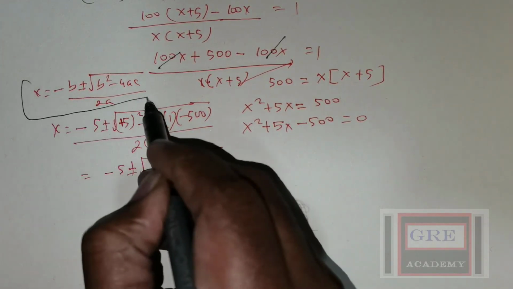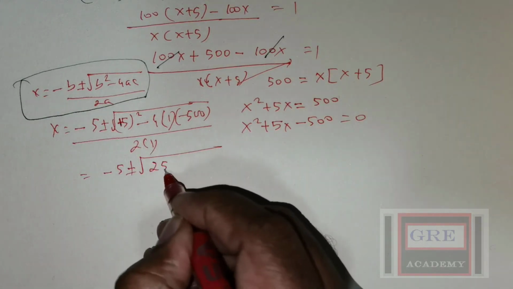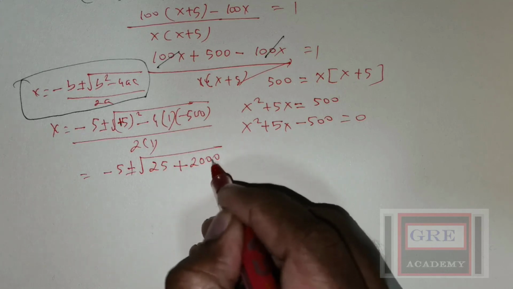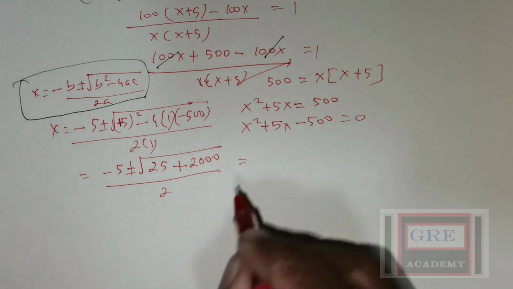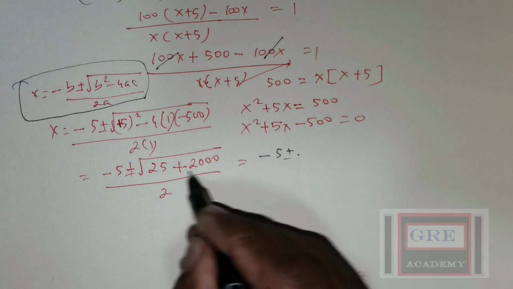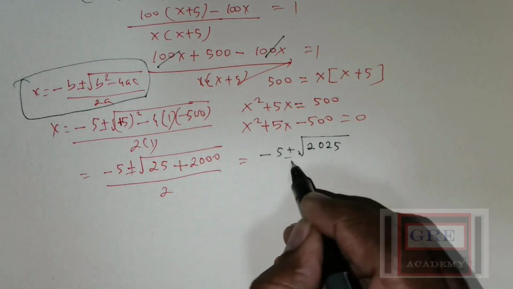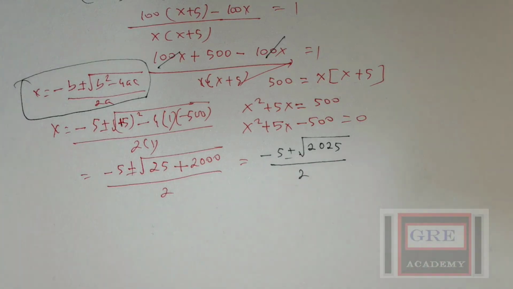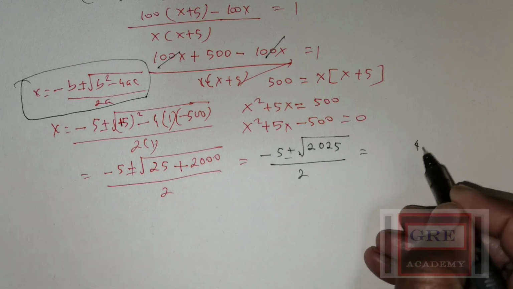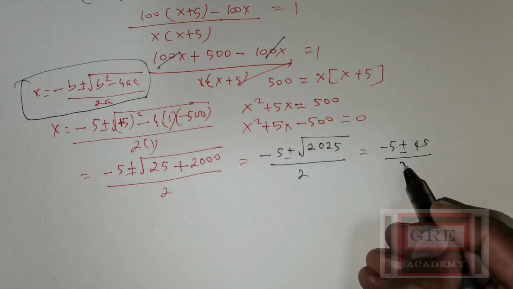So there is no negative sign inside the parenthesis. So rewriting, this is going to be 25. Negative times negative is positive. 4 times 500 will give you 2000, divided by 2. So this is equal to negative 5 plus or minus root of, you're adding, 2025 divided by 2. Now if you take the square root of 2025, this is going to give you 45, and you get negative 5 plus or minus 45 divided by 2.